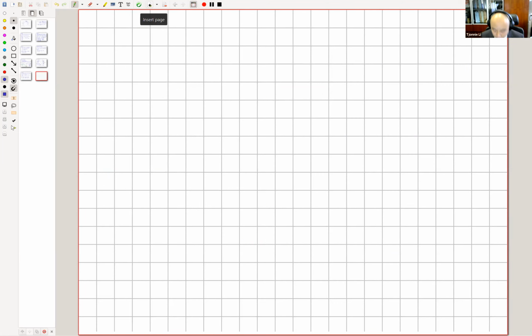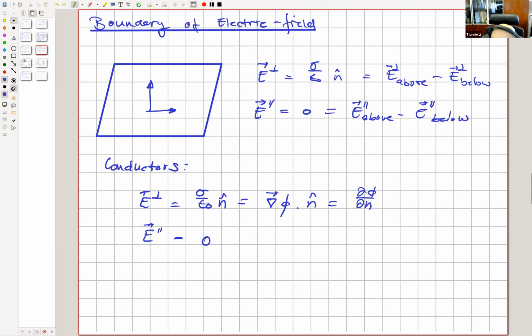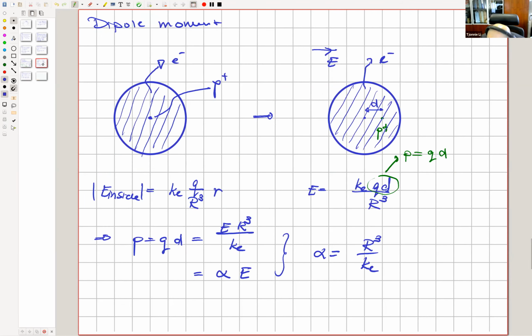In the very simple example that I've shown here, this is a neutral hydrogen atom. There is an external field. Everything is being dragged along, and we get something where P is in the same direction as E.